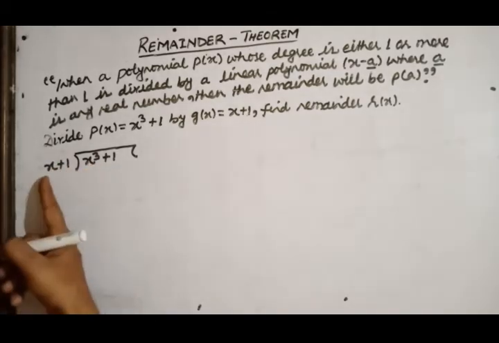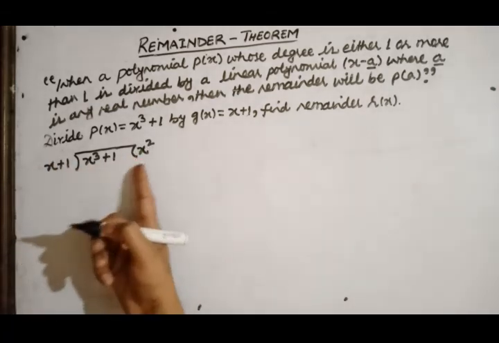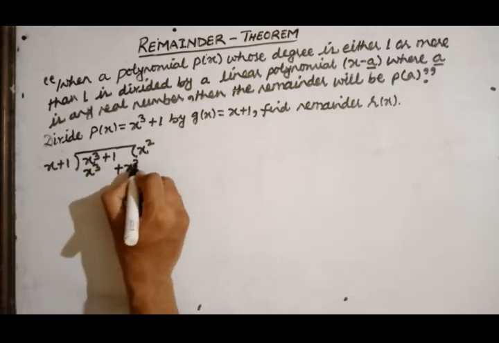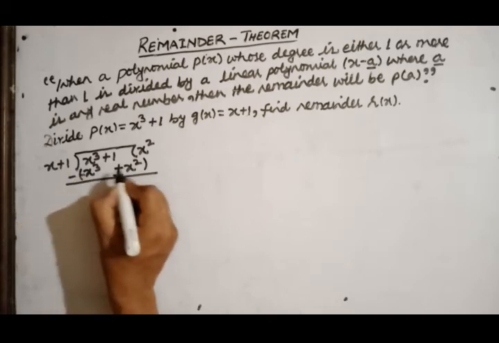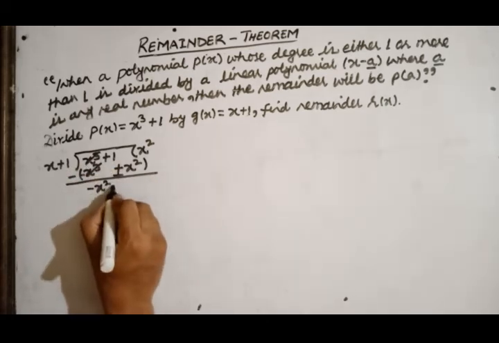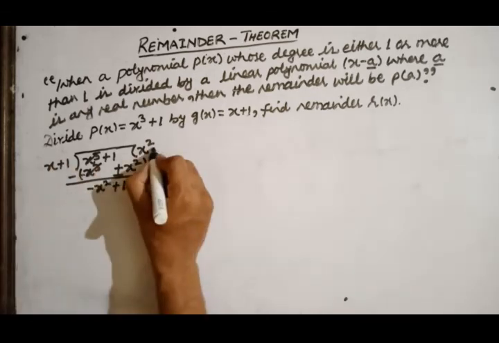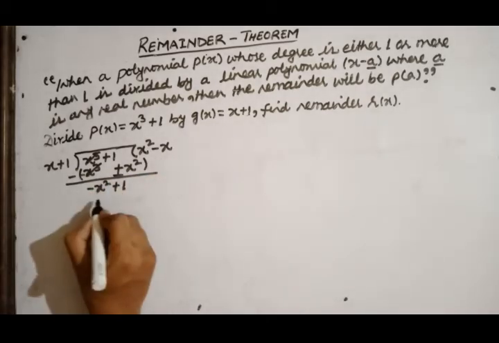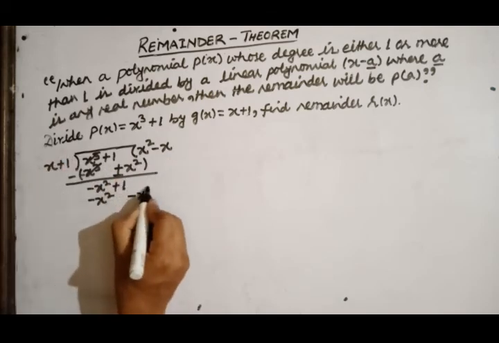To eliminate x cube, x needs to be multiplied by x square. So in the quotient we take x square. x square into x is x cube, and x square into 1 is x square. On subtraction, x cube gets eliminated, remaining minus x square plus 1. To eliminate minus x square, we multiply x by minus x. So in the quotient we take minus x. Minus x into x is minus x square, and minus x into plus 1 is minus x.